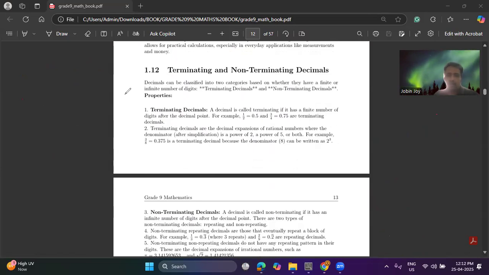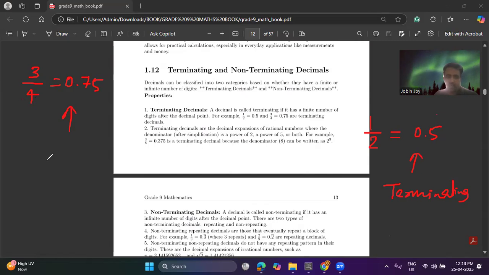Again, 1 by 2, I already explained. 1 by 2 means 0.5. What is this? This is terminating. And 3 by 4. What is 3 by 4? 0.75. What is this? This is terminating. Okay.